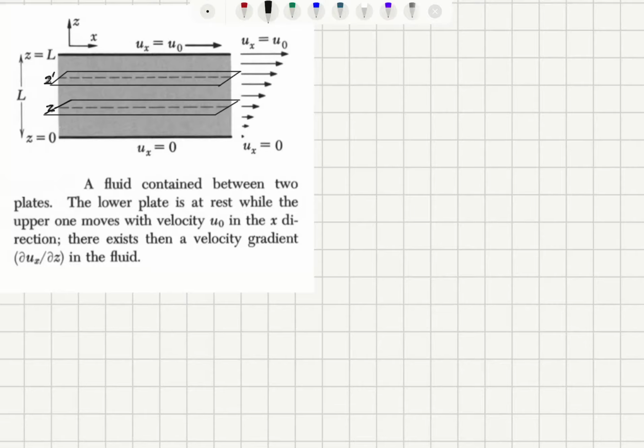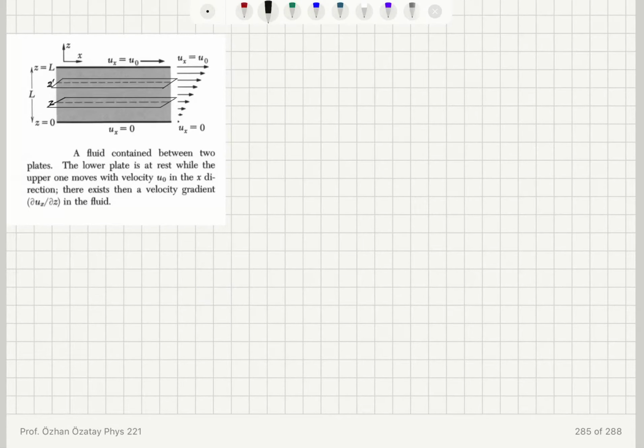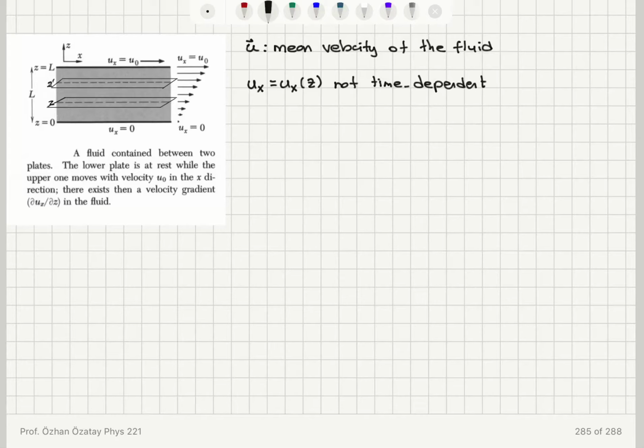However, at the top it's going to have a speed u0, and there is a gradient from top to bottom, where the bottom is denoted by z is equal to 0 and the top is z is equal to L. So I call u the mean velocity of the fluid, and ux, the tangential component, is a function of the distance from the bottom of the container and not time dependent, but it depends on the depth of the fluid.